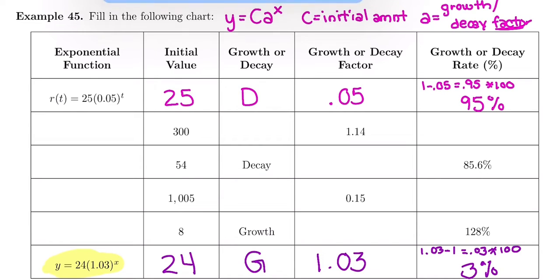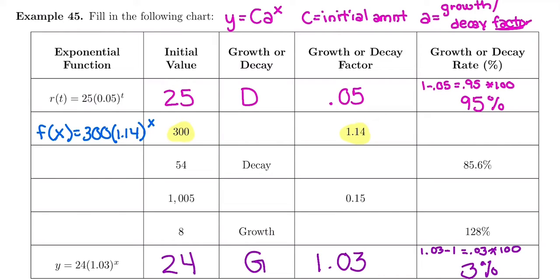Looking at this piece here, we have 300 for our initial value. So we're given a 300 initial value, and we're given a factor of 1.14. So we're going to start by writing a function. I'm going to just call it f of x is 300 times 1.14 raised to the x.